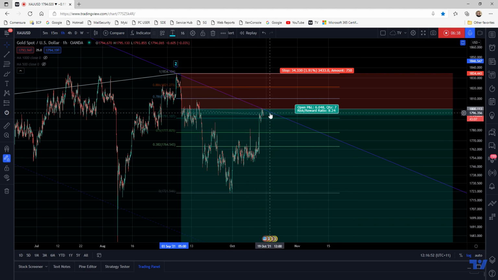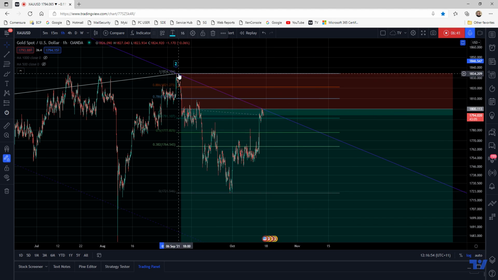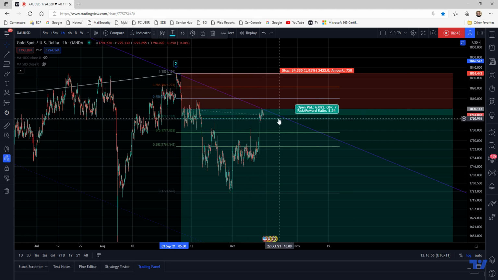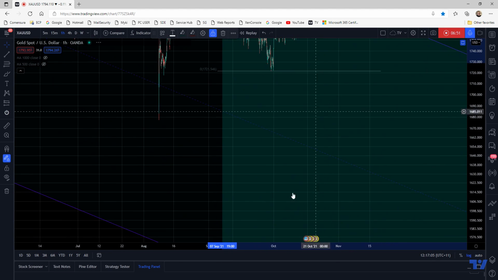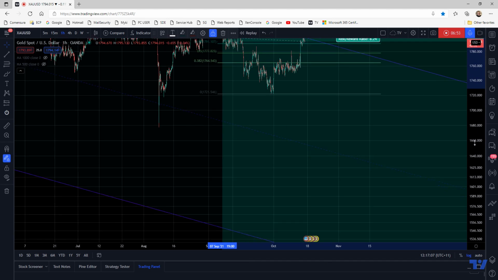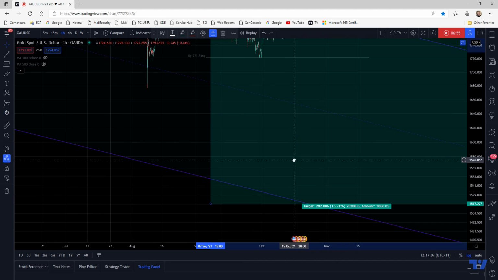But at this point in time, your entry would be right basically around now at market. Short position. Stop would be at around 1834, and the target, we're not going to set a price just yet.